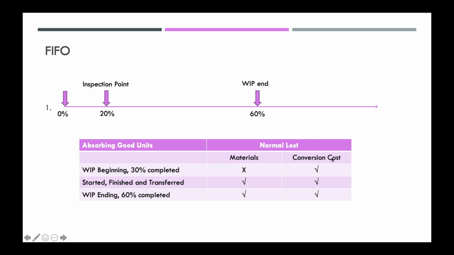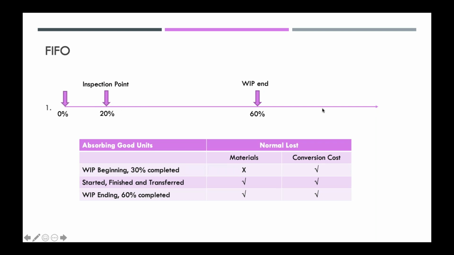Okay? For conversion cost, our work in process beginning still needs 70% of the conversion cost para makomplete siya. So nakaraan siya dito at umabot hanggang dulo. Okay? So lumampas siya dun sa inspection point natin for this month.